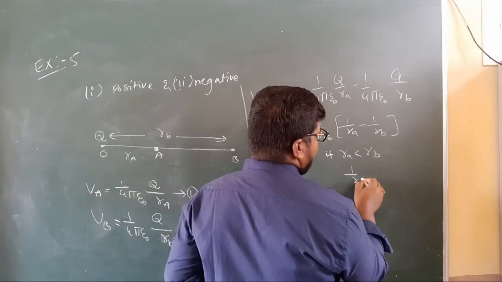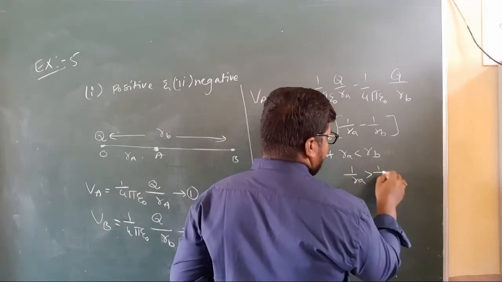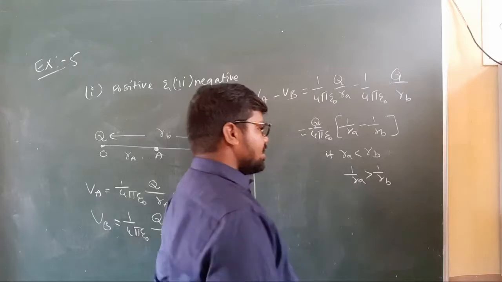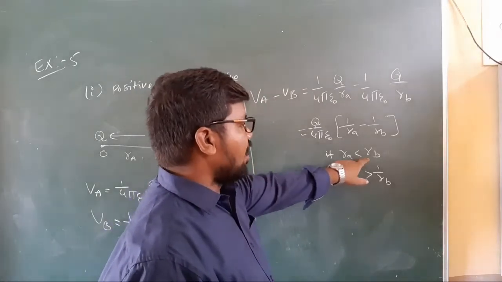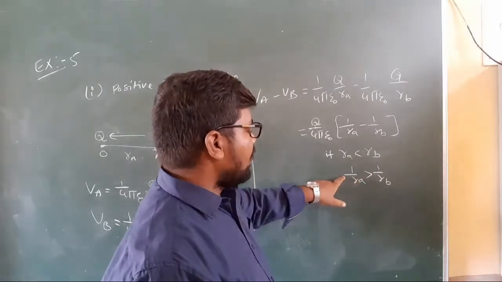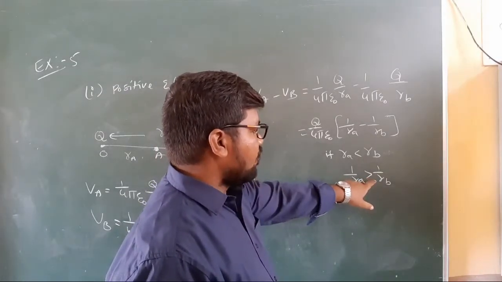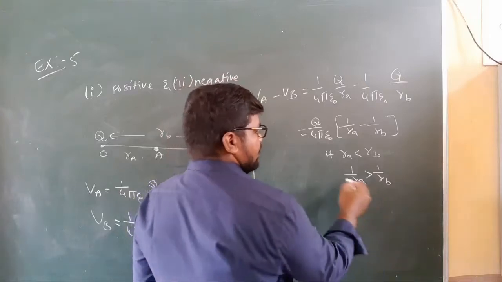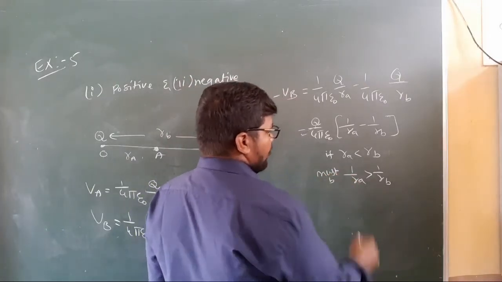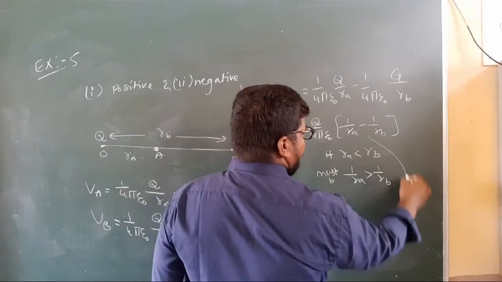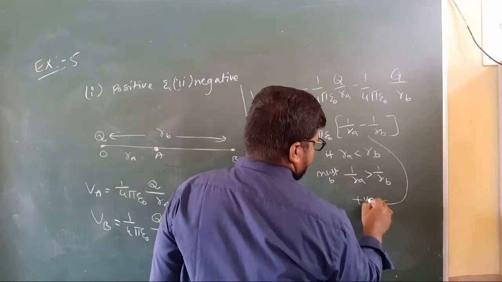If RA is less than RB, then 1 by RA is greater than 1 by RB. It's clear: if RA is less than RB, 1 by RA is greater than 1 by RB. This means the term is positive.